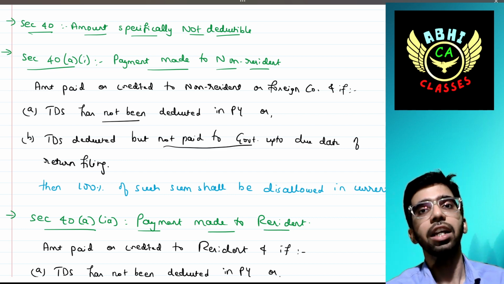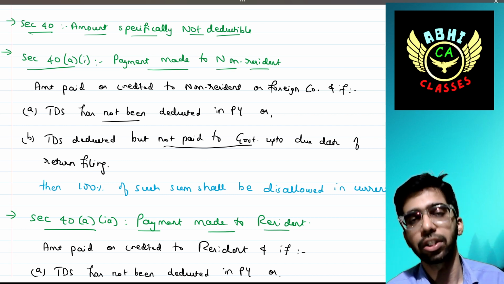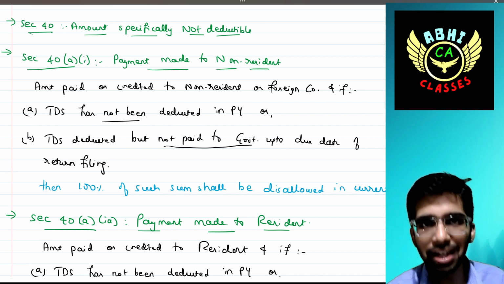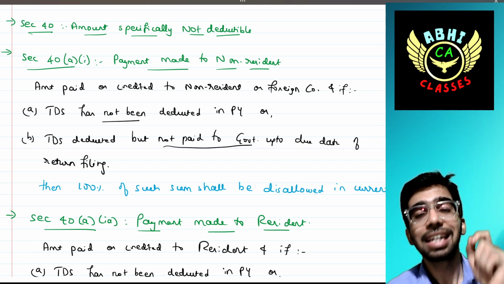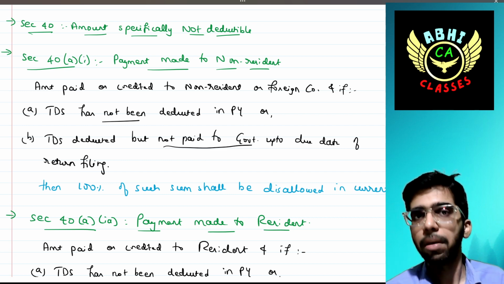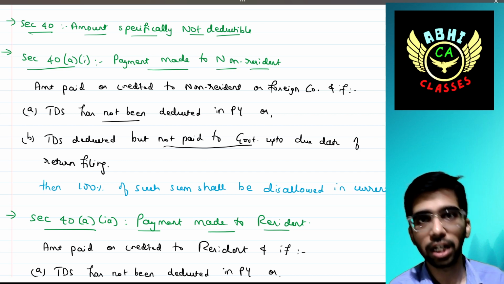We'll discuss in detail in the tax deduction at source and tax collected at source chapter. As far as now, please remember the keyword: the TDS has not been deducted in the previous year. For some payments, you need to deduct the TDS. TDS means tax has to be deducted on that portion, then the remaining amount should be released.